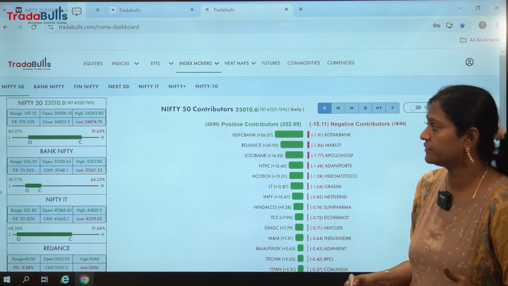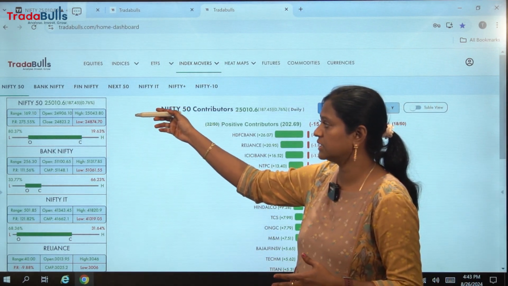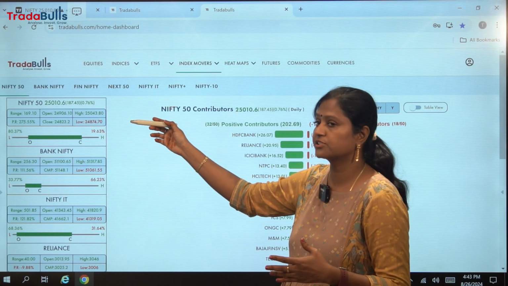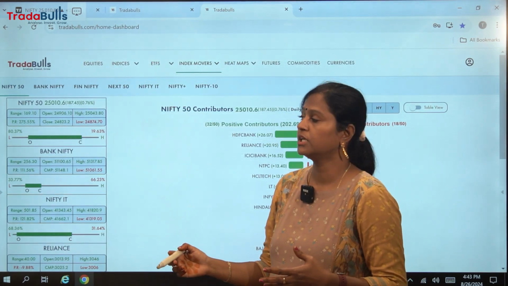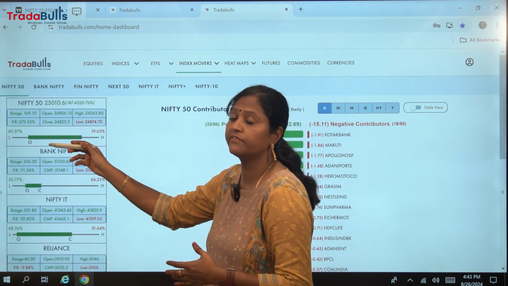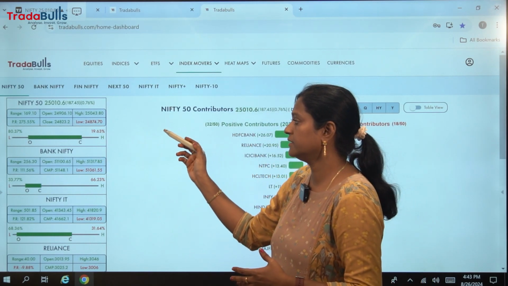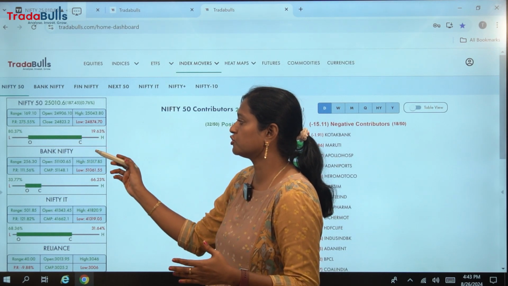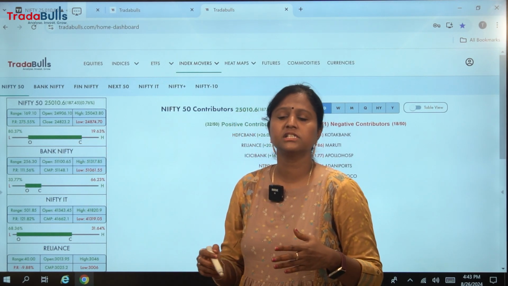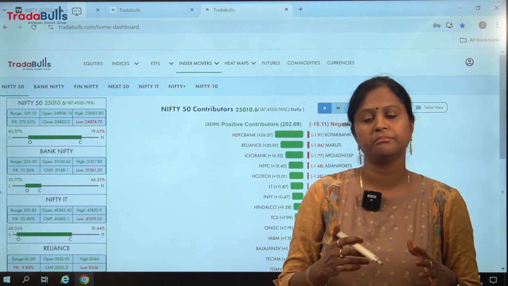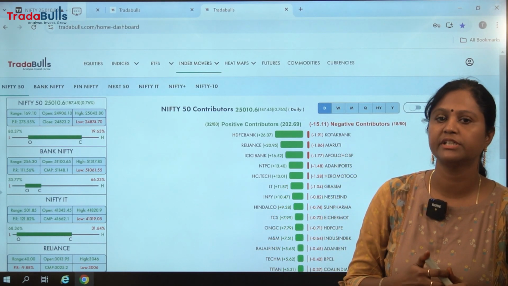We have also given, for the various counters and indices, a small chart which defines the range and the open, high and close values of the candles, which we have highlighted here. You can also see the percentage from low to close and high to close. This gives you a quick analysis of how you can analyze and take a decision.